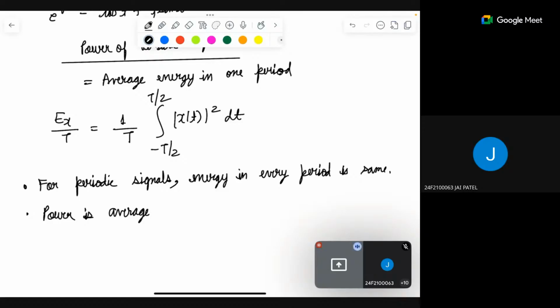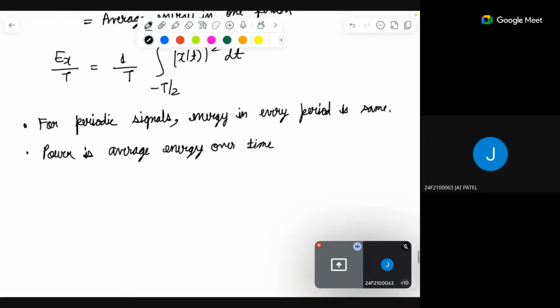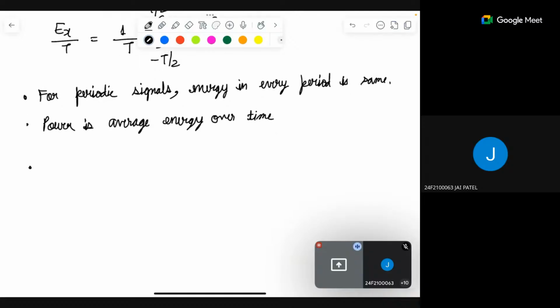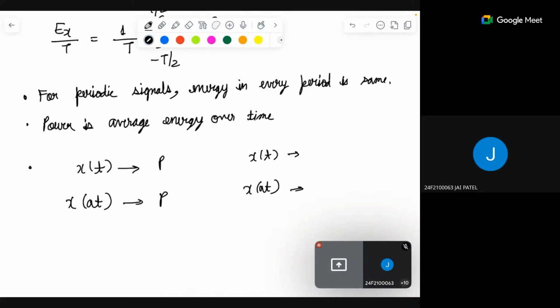Just the last part of the theory, then we will move to problems. Power is average energy over time. And just to bring it to you one more time, if I have a signal x of t and a scaled version x of at, then if the power of x of t is P, the power of x of at will also be P. Why is that?